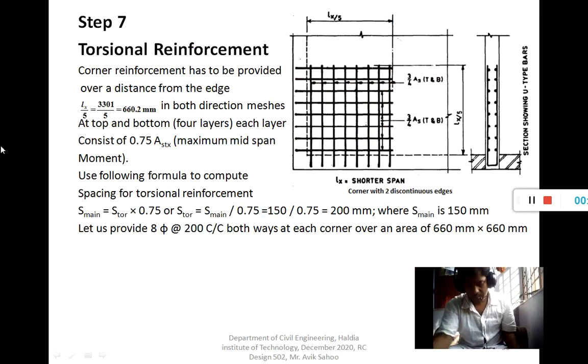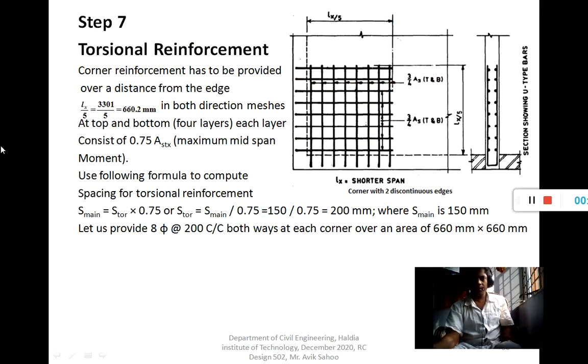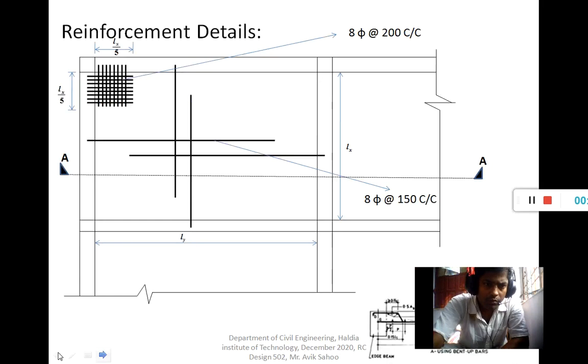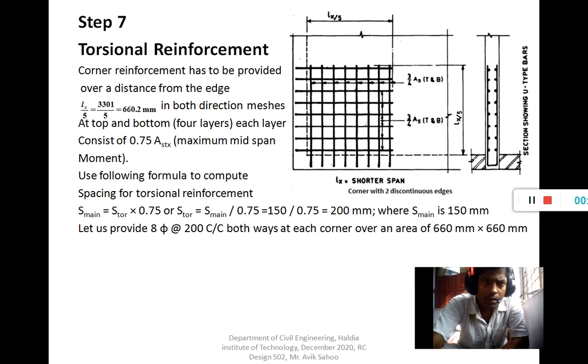Next we apply the torsional reinforcement. As it is a torsionally restrained slab, we have to apply torsional reinforcement, and the provision is given in IS 456 2000.